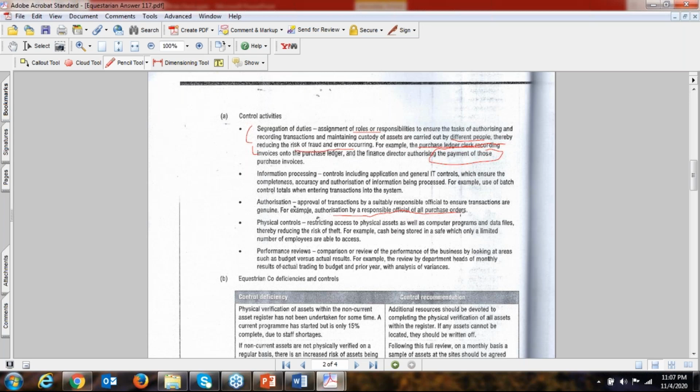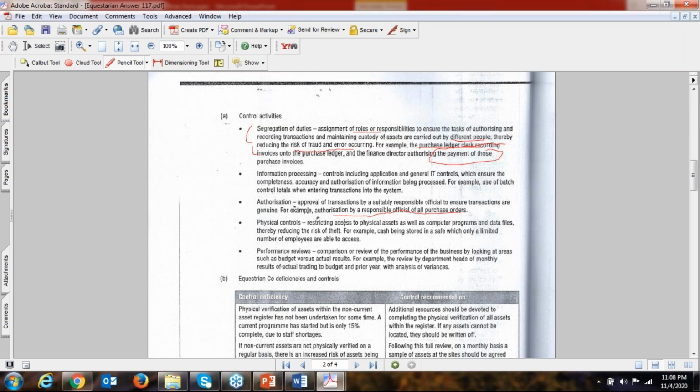So any check made in the organization will come to the director after my signing, after my authority. If my signature is not present on the check, then the director rejects that check. So I am the only authorized person to approve, or you can say to endorse, that the payment is authentic and genuine. So this is the example of the authorization.